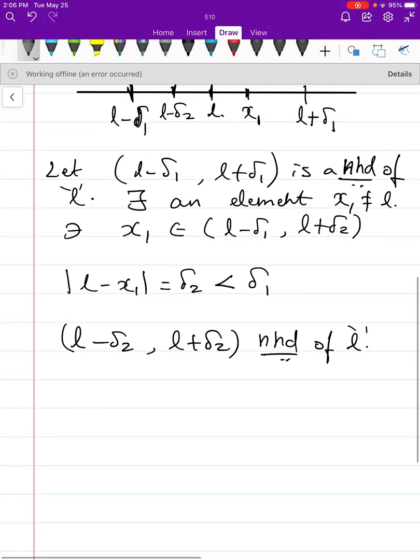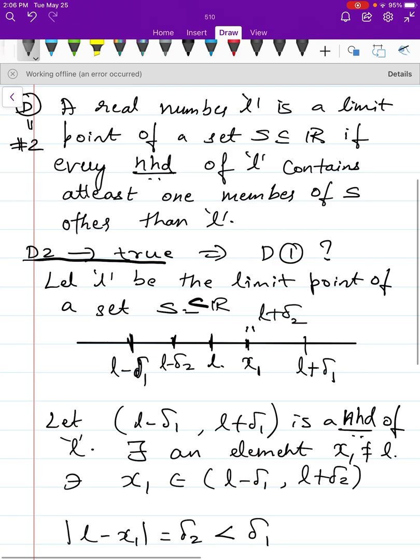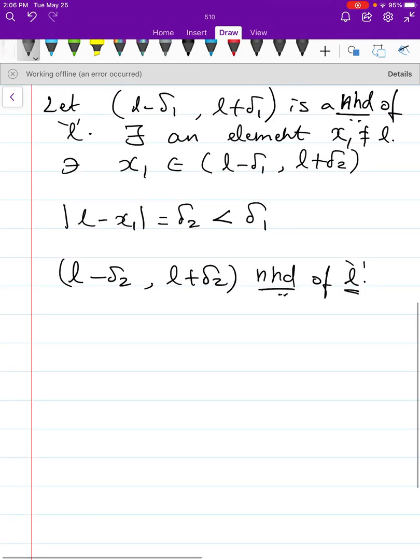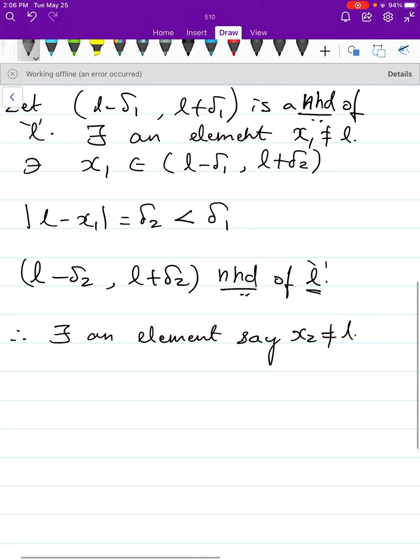So again, L is already a limit point of S. Correct? So set S is a subset of R. In that case what happens? We have a limit point and it satisfies definition 2. Therefore there exists an element, say x2 not equal to L, in S, such that it belongs to this neighborhood.